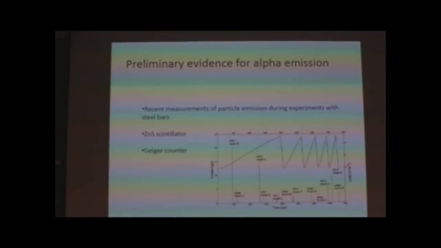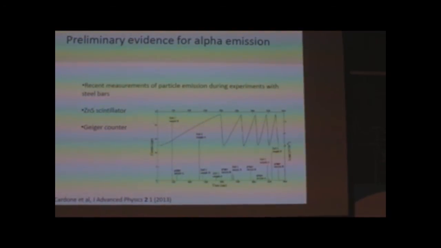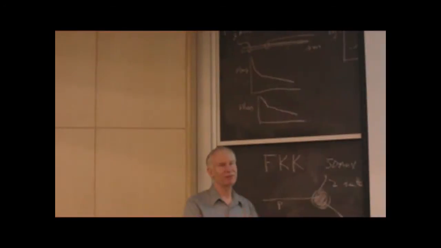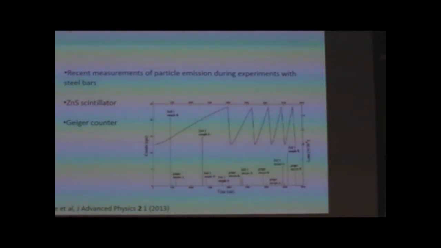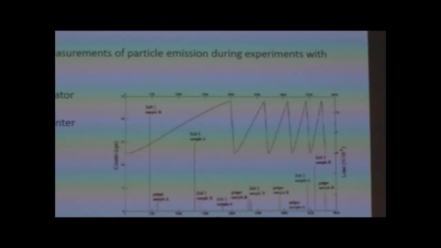There's additionally a recent paper where they've tried to look for alpha emission. And if you're going to try to detect alphas, there's various detectors that are specific for alphas, and you could put foils and distinguish and so forth. Here we've got a scintillator, we've got a Geiger counter, and we've got a couple of peaks above background.